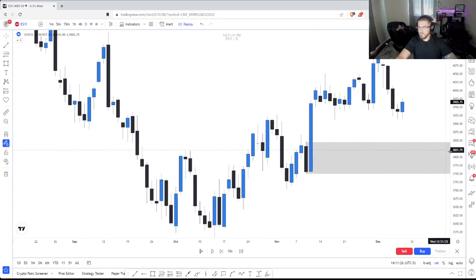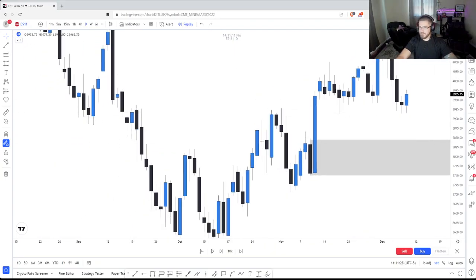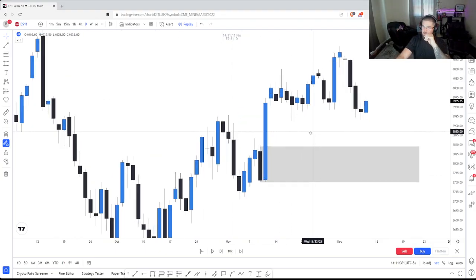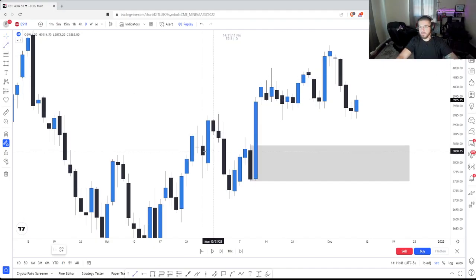Now, order blocks don't necessarily have to immediately break structure, like a demand zone mapping. Demand zone mapping, you want to immediately break structure. But for instance, in this example, price comes down, takes out a low, we form an order block right here. Now, this is where you can be a little more aggressive once you understand bias.